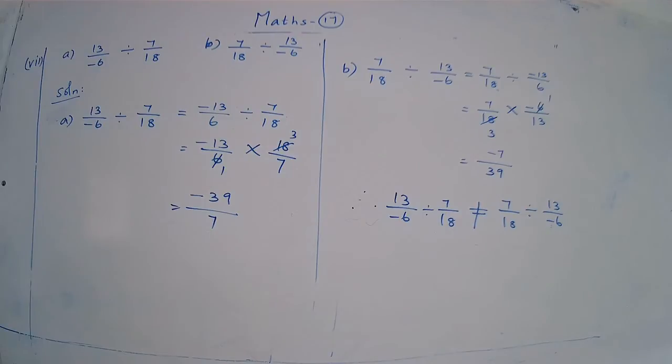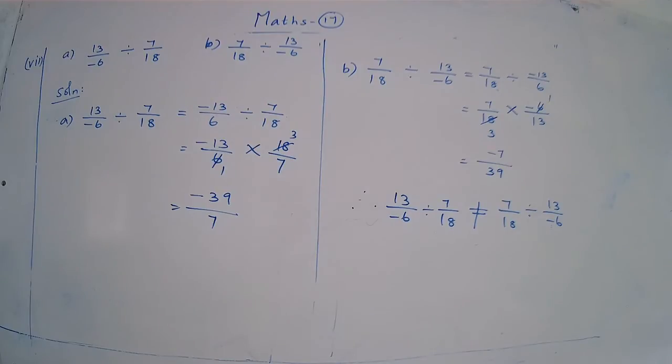So, 2 upon 3 division. In division, we multiply the dividend by the reciprocal of the divisor, okay, children? So, 2 upon 3, division sign into multiplication sign. That time we put the reciprocal of minus 7 upon 9, okay? So, what is the reciprocal of minus 7 upon 9?